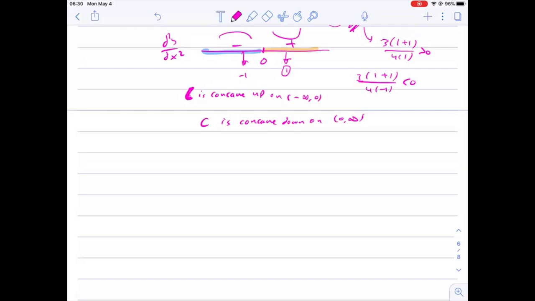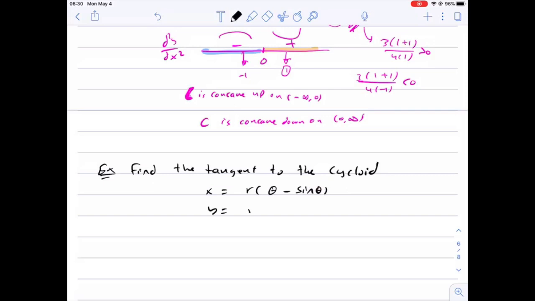Now let's take another example. We want to find the tangent line to the cycloid that's defined as x equals r times (theta minus sine theta) and y equals r times (1 minus cosine theta) at the point where theta equals pi over 3.